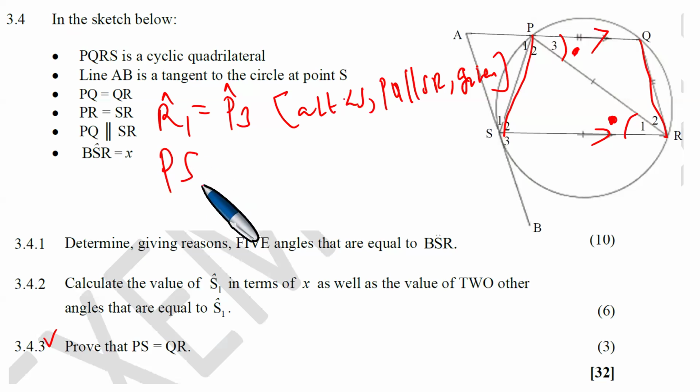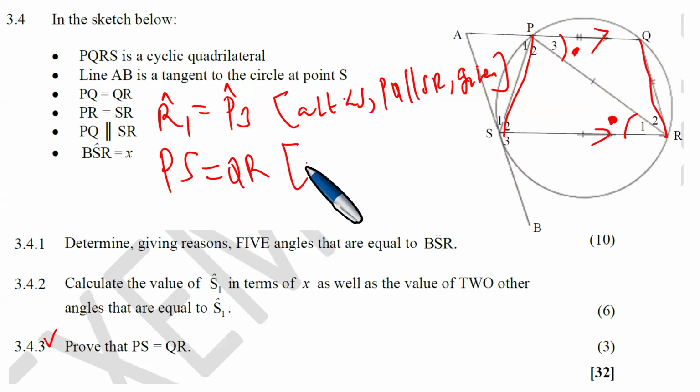We have PS equal to QR. If we are able to see that this is equal to this, then we can see that PS is equal to QR.